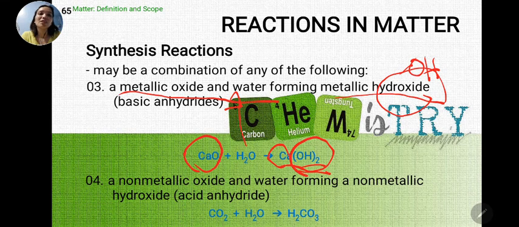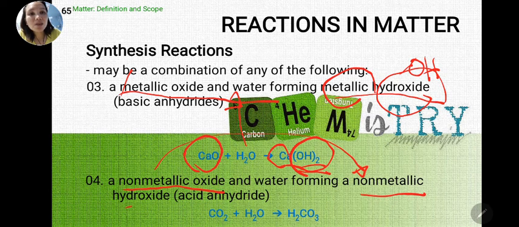And then another one is a nonmetallic oxide and water forming a nonmetallic hydroxide. So you will form a metallic hydroxide from a metallic oxide and water. A nonmetallic oxide will form, of course, a nonmetallic hydroxide also. So that is called an acid anhydride, while the other one is called a basic anhydride.